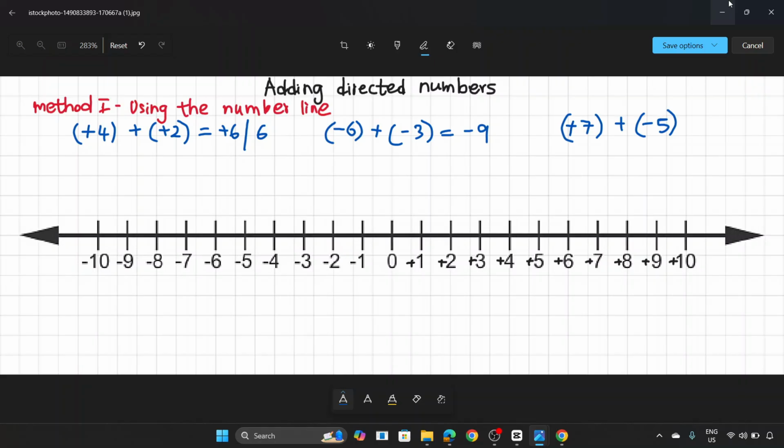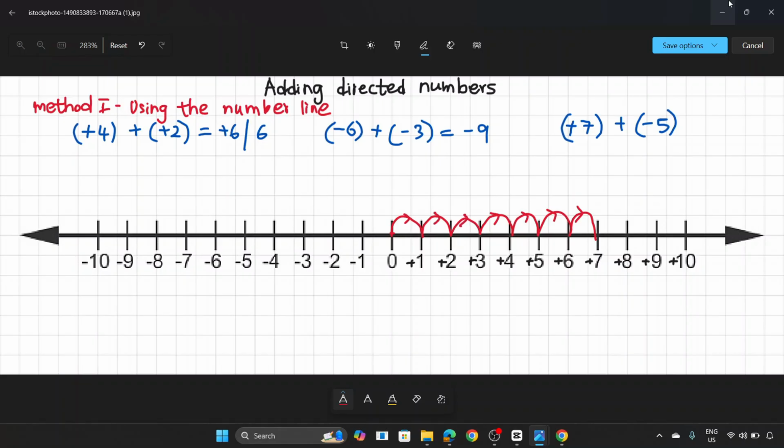One is positive and the other is negative. In situations like this, you have to start from 0 as usual. The first number is 7 and it is plus 7. We have to jump 7 places to the right side. Now we are at 7.